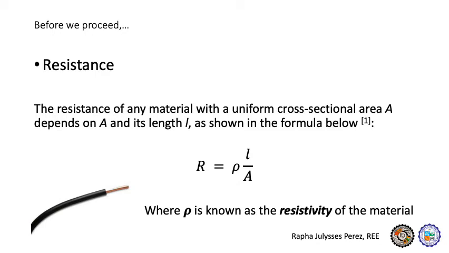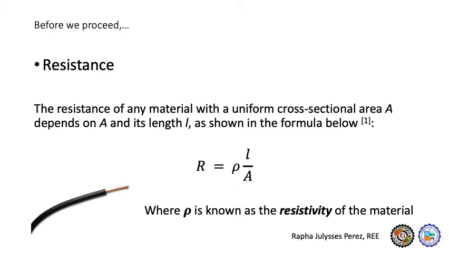So the resistance in any material with a uniform cross-sectional area A depends on the cross-sectional area A and its length L, as shown in this formula here. So resistance is equal to resistivity times length divided by the cross-sectional area, where rho is known as the resistivity of the material.